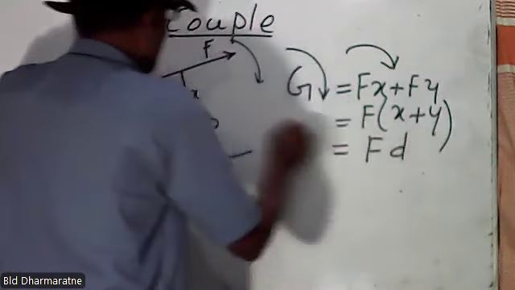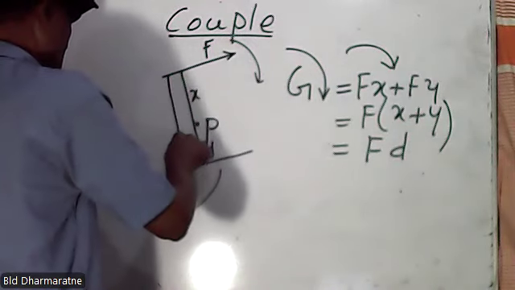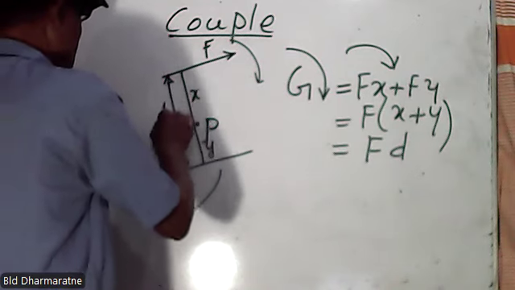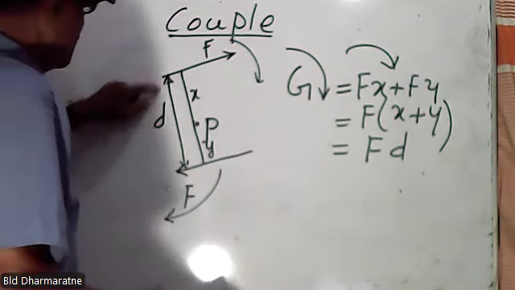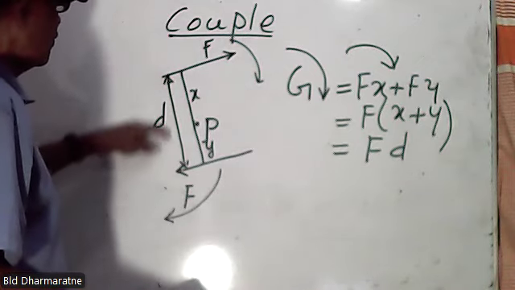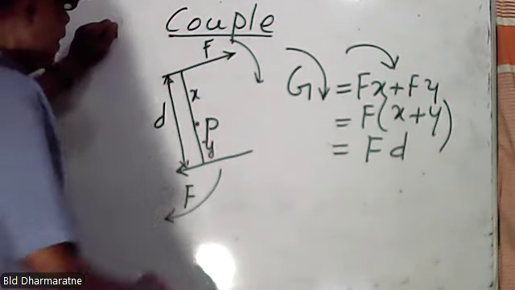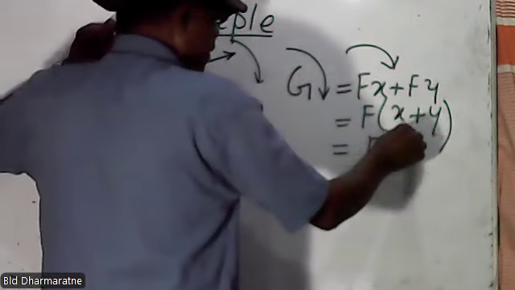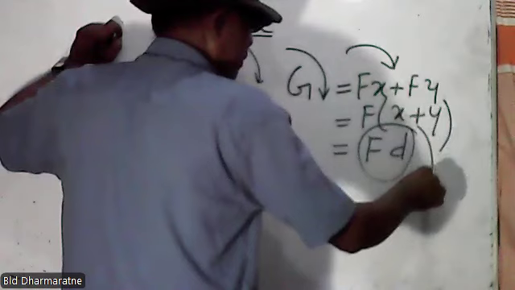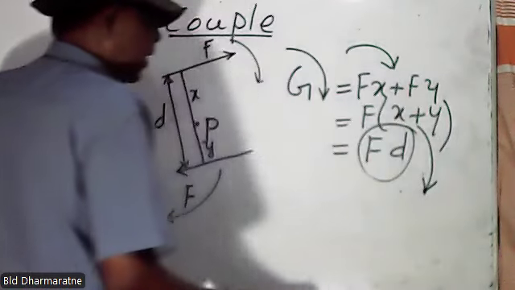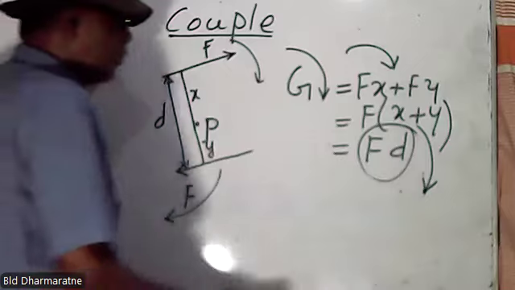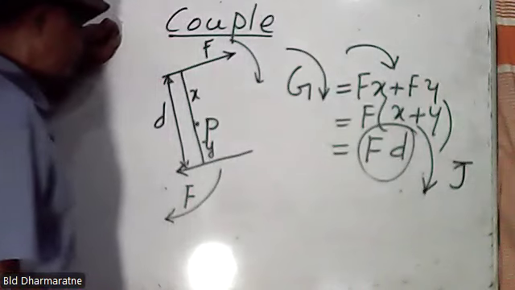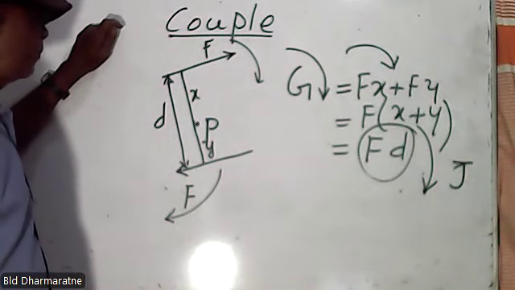What is D? D is the distance between the two parallel forces. In this couple, this is the couple moment, clockwise. The unit is the moment unit.